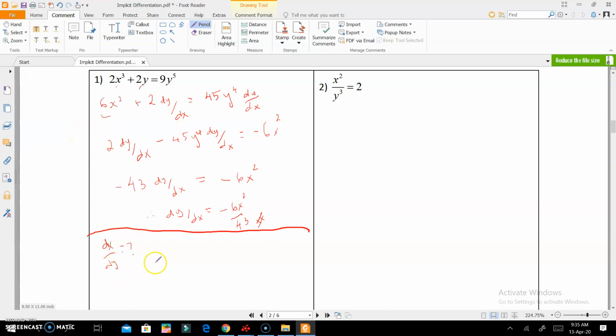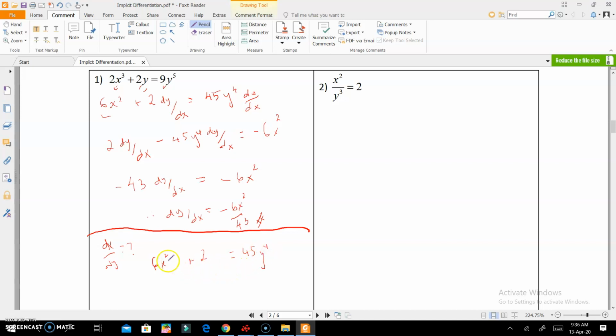Just the same thing: if we differentiate 2x cubed, we are going to get 6x to the power of 2. Differentiate 2y here, you are going to get plus 2, and if you differentiate 9y to the power of 5, you'll still get 45y to the power of 4.